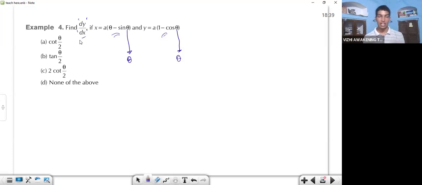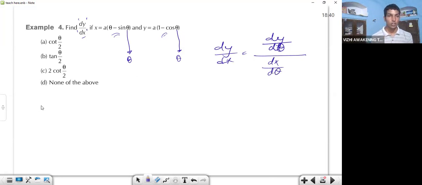So if we change x, there will also be some change in y, and we have to find that respective change, the instantaneous rate of change. So for finding dy by dx, we have to find dy by d theta, because theta is the common parameter, and dx with respect to d theta. So let's move on with finding dy by d theta.